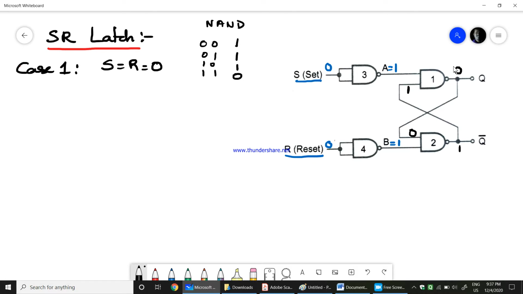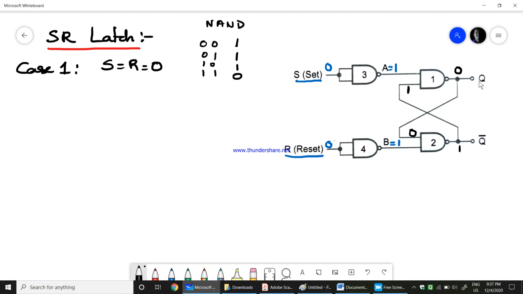Now the justification we make with this discussion is, as we assumed Q to be equal to 0 in the beginning, after the operation of this crisscross connection, we again achieved Q equal to 0, right? I assumed Q equals 0, I gave 0 here, 1 NANDed with 0, I got 1. That 1 I gave here, and 1 NANDed with 1, we got 0.